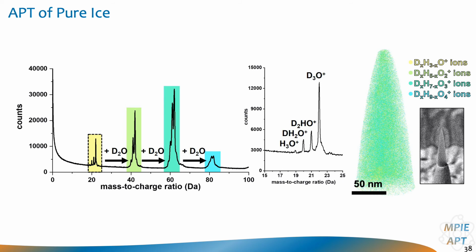We used heavy water in this case, in part because we wanted to distinguish what might be coming from the chamber, from the frosting, and see what we would get out of it. And so we get a range of different molecular ions with different numbers of water molecules that are agglomerated, and they all tend to be with added protons or deuterium ions, and that might just be coming from the fact that conductivity in the ice has to be ensured by protons.